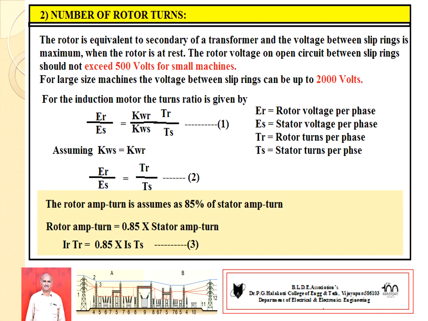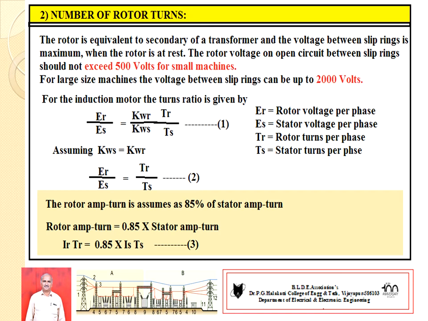So we have to design the number of rotor turns. It is very much similar to the primary and secondary of a transformer. Here the primary is the stator, the secondary is the rotor. In a transformer, E2 by E1 equals N2 by N1.